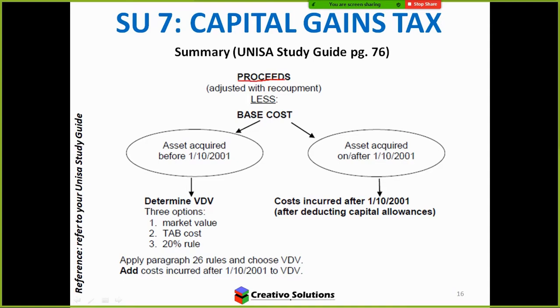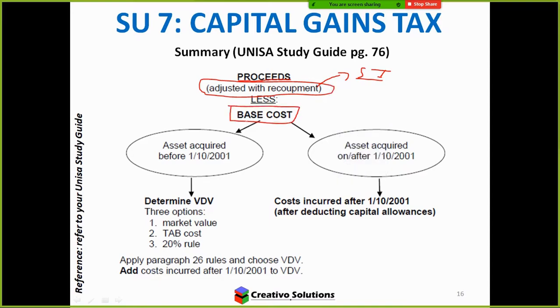Proceeds. How do you work out proceeds? Well, the first thing that you need to consider is minus any recoupment, because a recoupment is seen as a special inclusion, so you get rid of it. Then you need to determine the base cost.